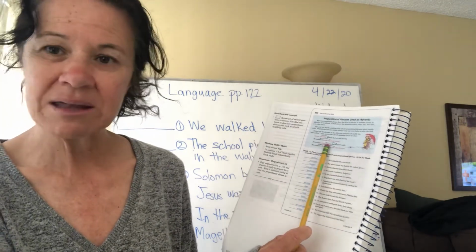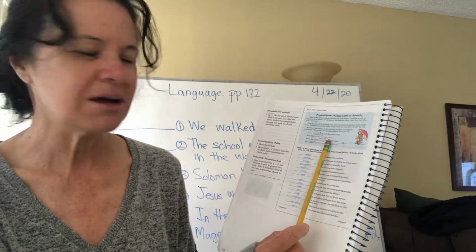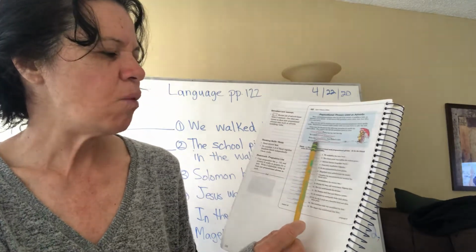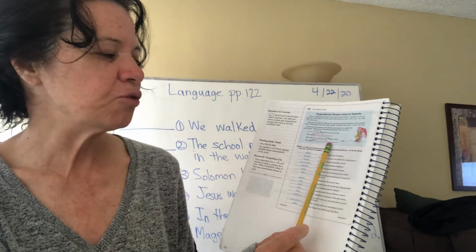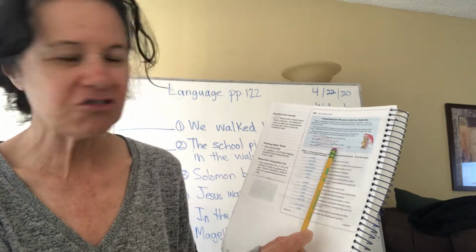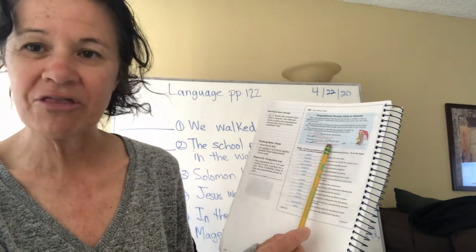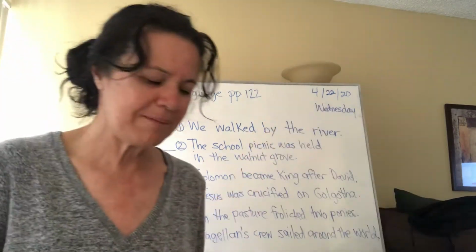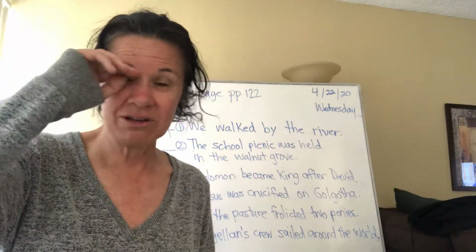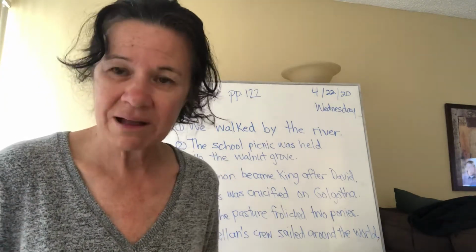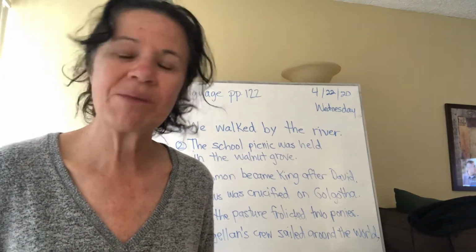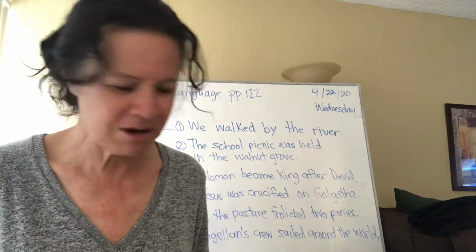Before sunrise is giving us details about walked. We walked to school during the rain showers. That would be fun. To school during the rain showers is a prepositional phrase giving us details about the verb walked. All right? So just like yesterday when we talked about adjectives, except now we're looking for verbs. The prepositional phrases, like I said, will be adverbs that are giving us information about verbs.